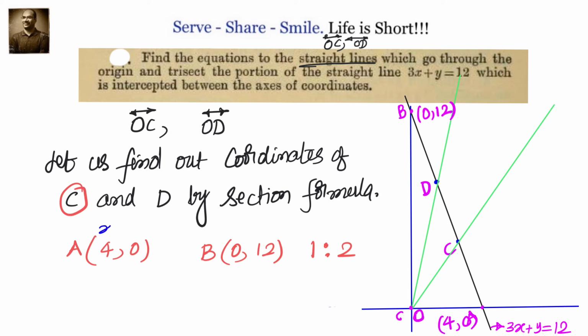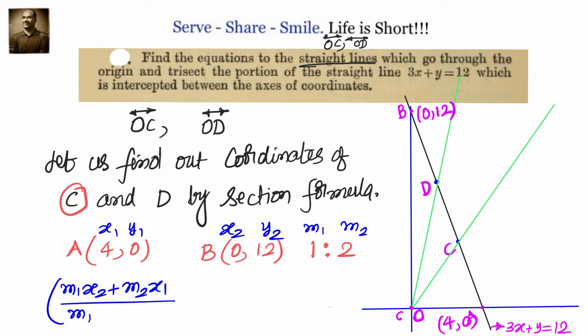So let's apply the formula. We have x1, y1, x2, y2, m1, m2 values given to us. The section formula says that the coordinates of C are given by m1 x2 plus m2 x1 divided by m1 plus m2, comma m1 y2 plus m2 y1 divided by m1 plus m2.